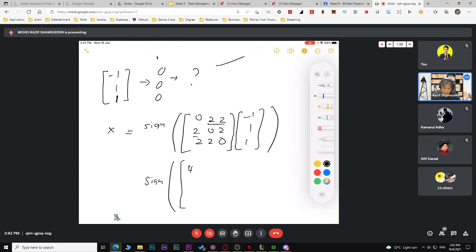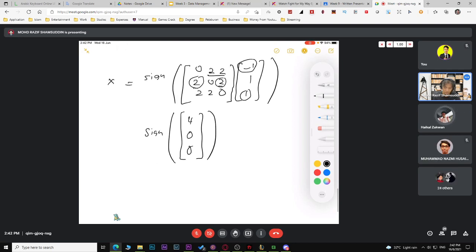And for this one we'll get -2, minus 2, right? This one multiplied with this one gives -2, and this one multiplied with this one gives 2. So this should be 0, same with this one. Am I right?